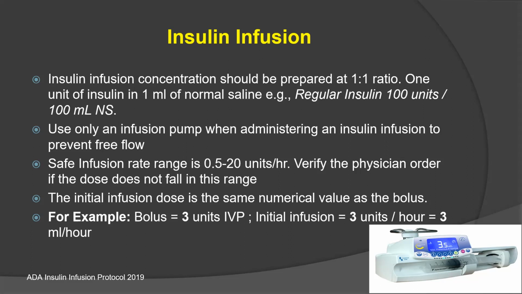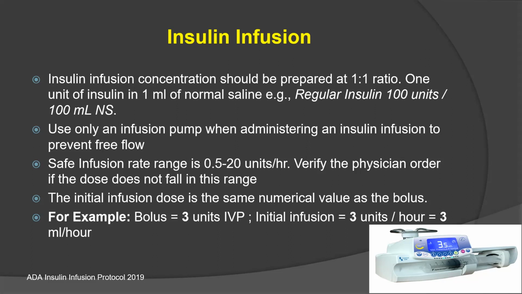The safe insulin infusion rate range is between 0.5 and 20 units per hour. Verify the physician order if the dose does not fall in this range. So if anyone in a critical or non-critical setup requires more than 20 units per hour of IV insulin, you should check with the team, call the main physician or the diabetes team, or look at the patient and the whole treatment setup around him or her.